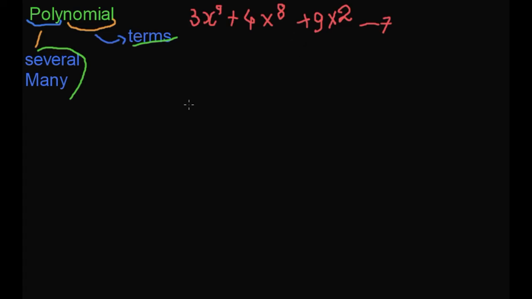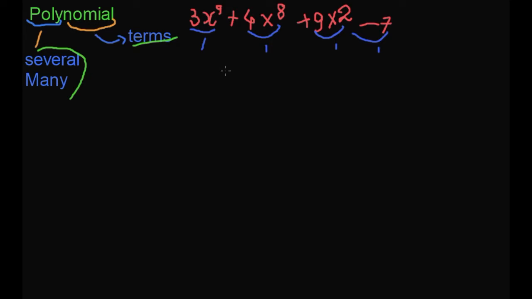Let's talk about this example: 3x to the power 9, 4x to the power 8, 9x to the power 2 and minus 7. All these are called terms, which contain variable, constant and exponent.